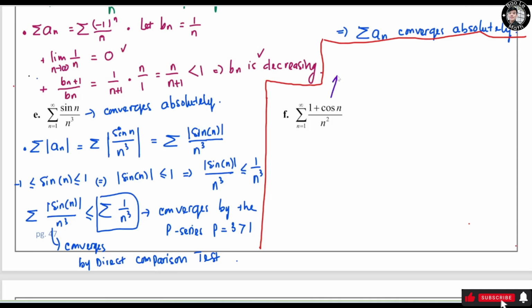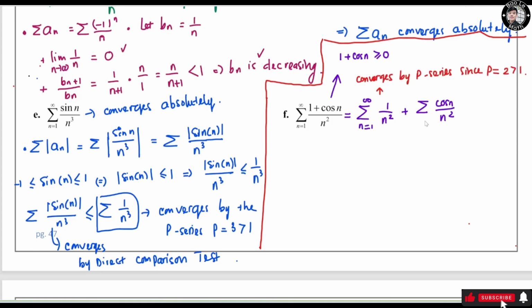First, note that the terms are non-negative, since 1 plus cosine n is greater than or equal to 0, right? Now observe that this series right here converges by P series because P equals 2, which is greater than 1.